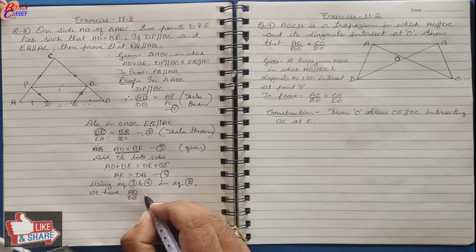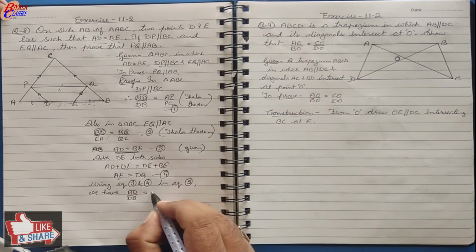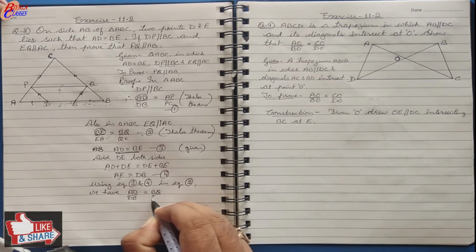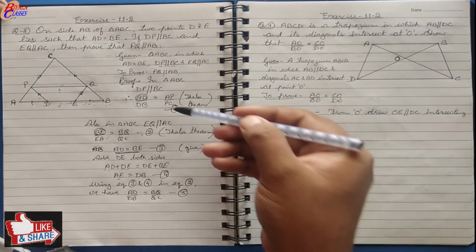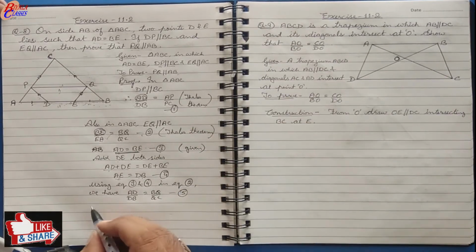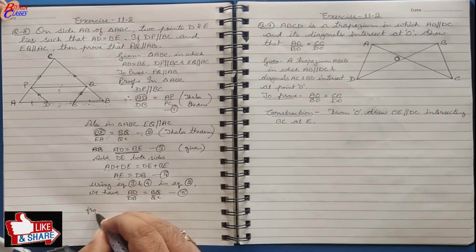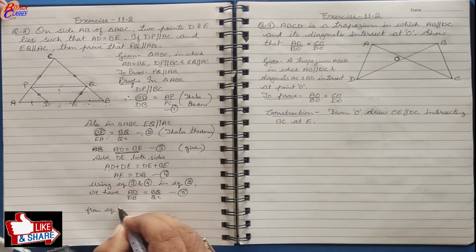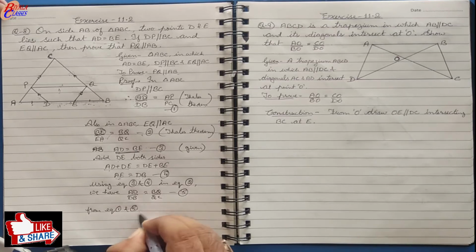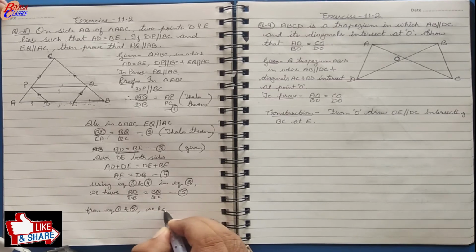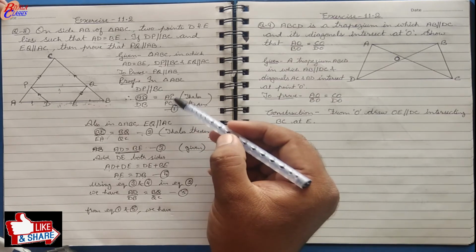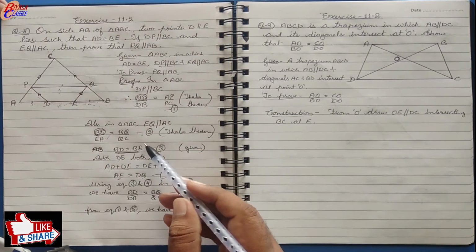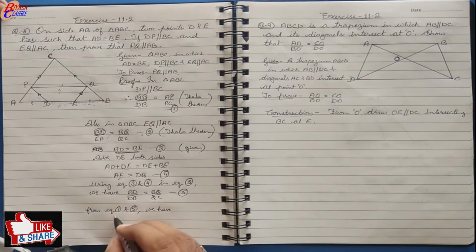So we have AD upon DB equals BQ upon QC. Let this be equation number 5. Now compare equations 1 and 5. So from equations 1 and 5, what do you get? AP upon PC is equal to BQ upon QC.